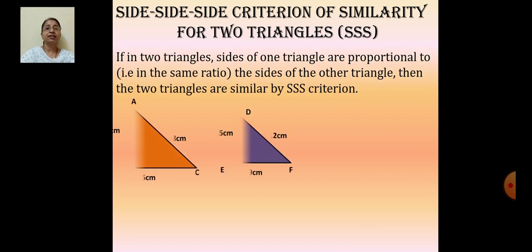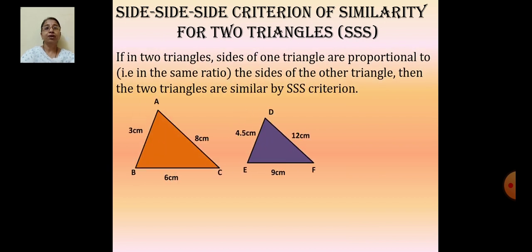In this criterion, if in two triangles the sides of one triangle are proportional, that is in the same ratio to the sides of the other triangle, then the two triangles are similar by SSS criteria.